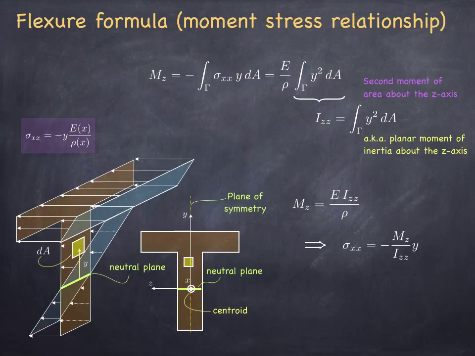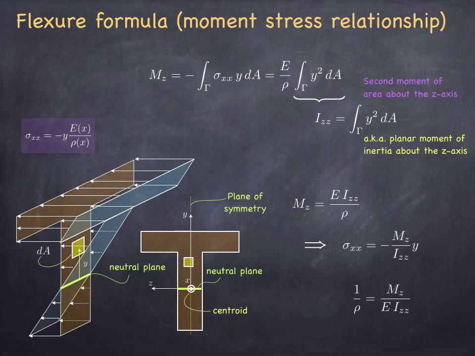So when y attains its most positive value, then sigma will attain its most negative value. In other words, it's going to reach its most compressive value within the cross section, and vice versa for the bottommost fiber.